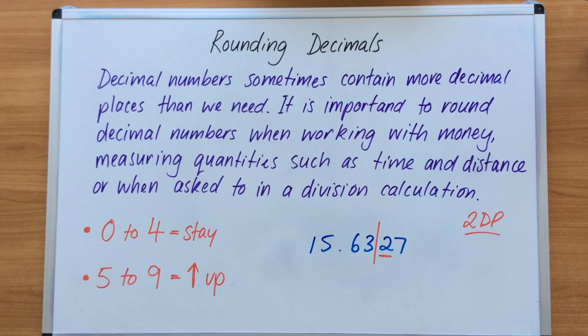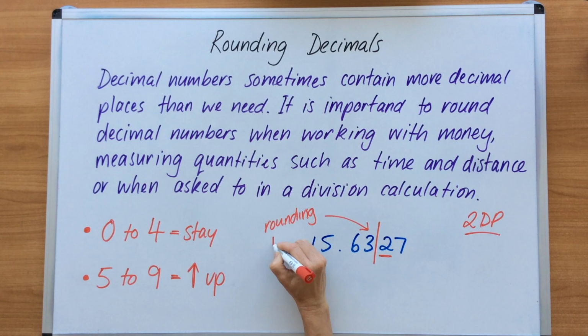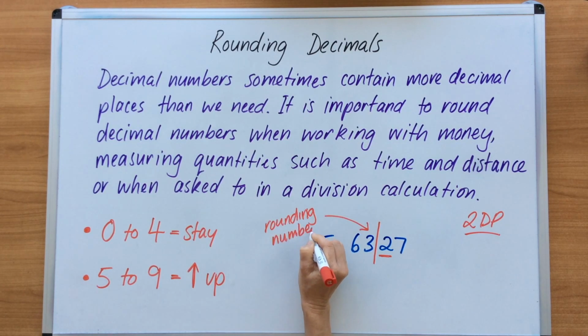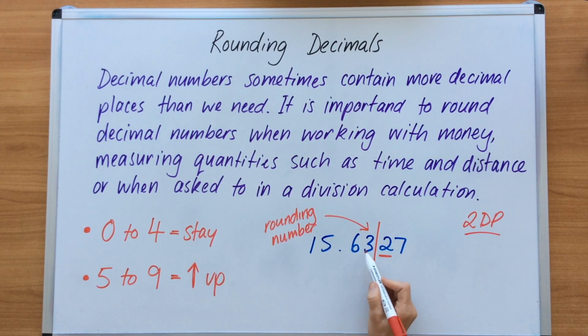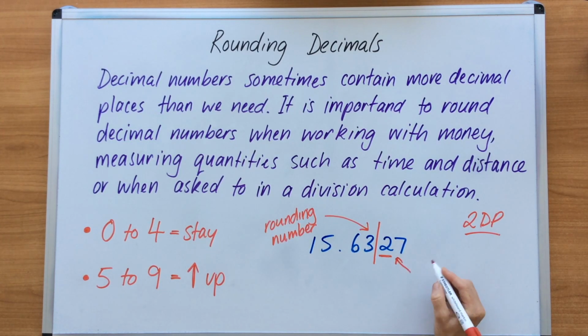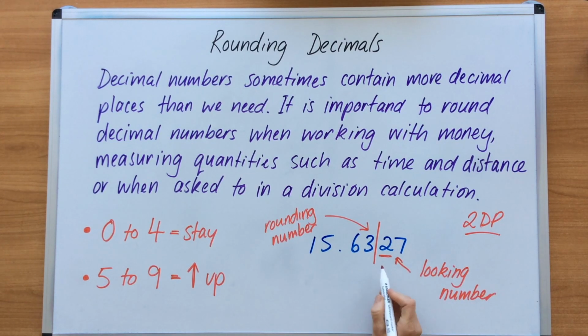This here is our rounding number. We're going to see if this one stays or moves up. This here is our looking number. This tells us what we need to do.